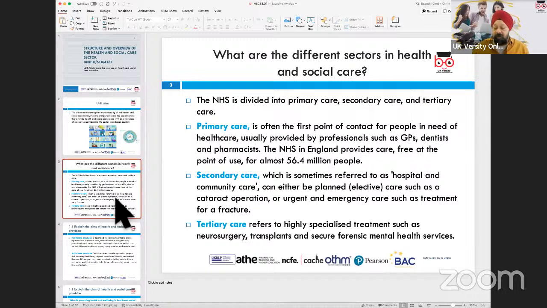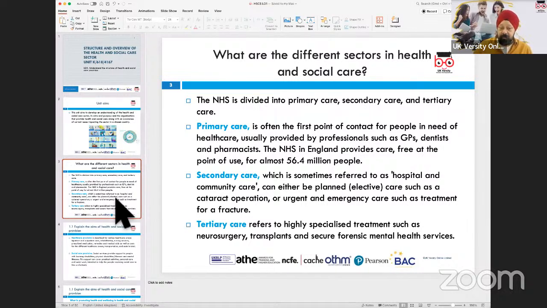Now, if your condition is not very serious, you might also be seen by a practice nurse or a clinical nurse in the surgery, and she would look at some of your symptoms like your blood pressure. Say, for example, if you're coughing and having other symptoms apart from fever, then you might be asked to do bloods. And when the results come out, the clinical nurse might also see you. And in some cases, the GP will see you and prescribe you medication.